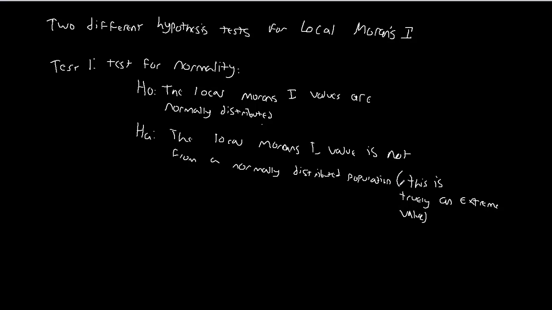So each polygon has a test statistic, and each polygon has a p-value. That p-value is basically saying, does this I value come from a normally distributed population? And if it doesn't, that's an indication that it is actually a significant extreme, either high or low.